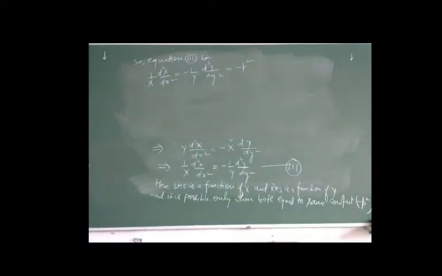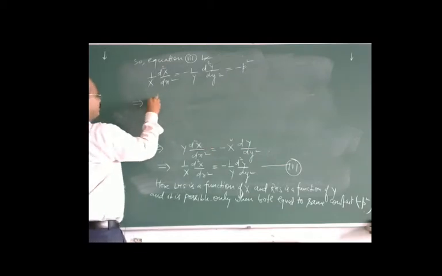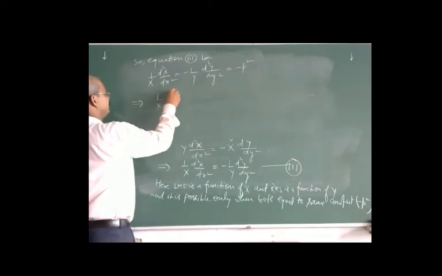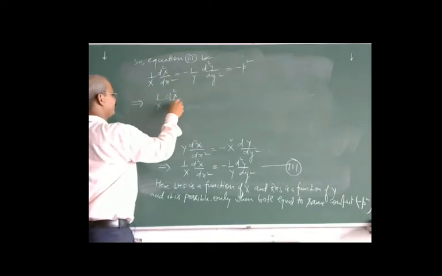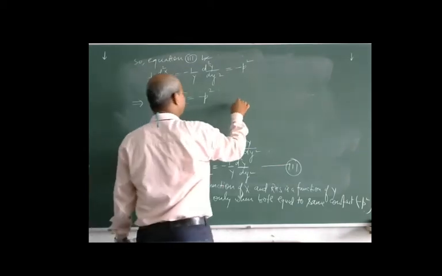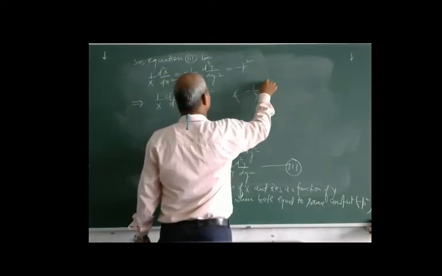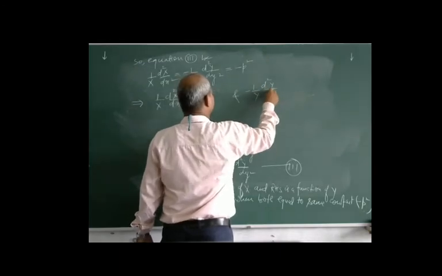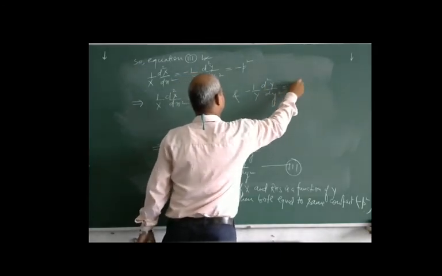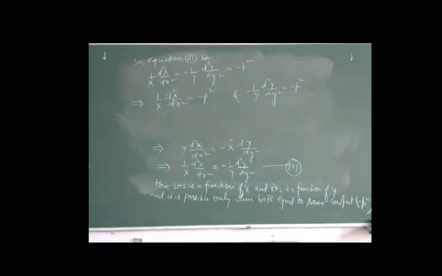Okay students, so from here this implies that 1 by X d2X upon dx squared is equal to minus p squared, and 1 upon Y d2Y by dy squared is equal to minus p squared.